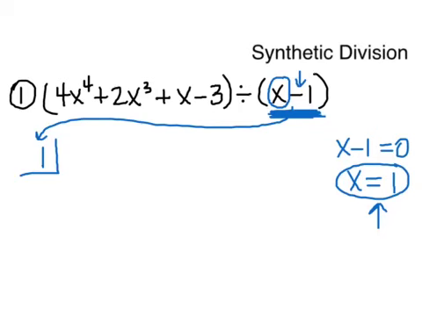Then the next thing you do is you write just the coefficients of this polynomial down, but you've got to be careful to have a placeholder. I didn't show you this in long division, but in long division, if there was a term missing, you would have to put a 0 there to hold that spot. So if you have x to the 4th and x to the 3rd, you have to have 0x to the 2nd to hold that spot in between, because we don't have an x to the 2nd term.